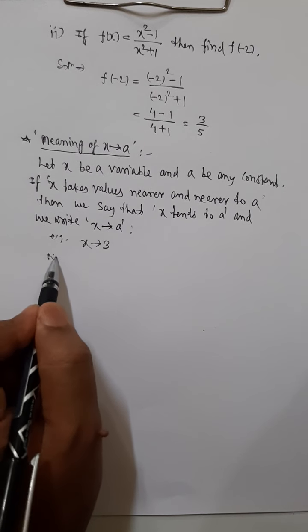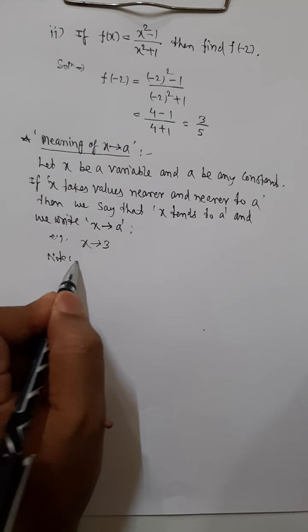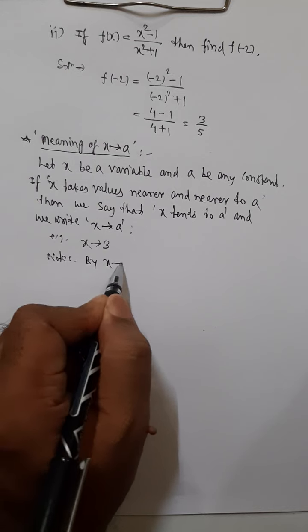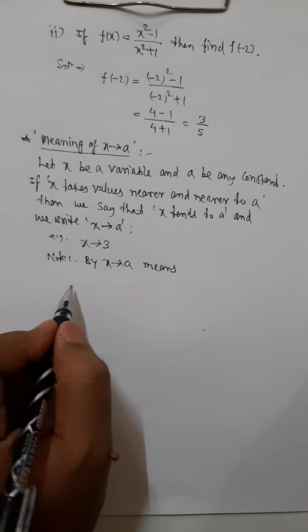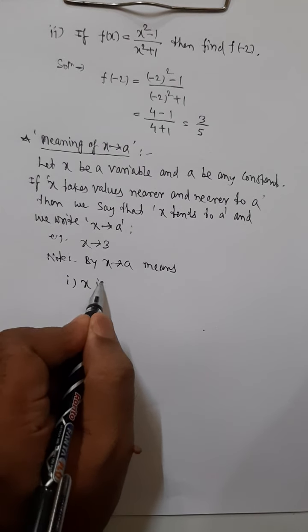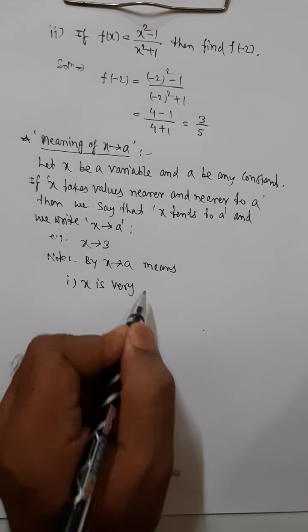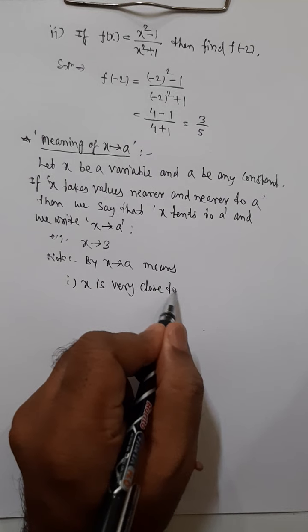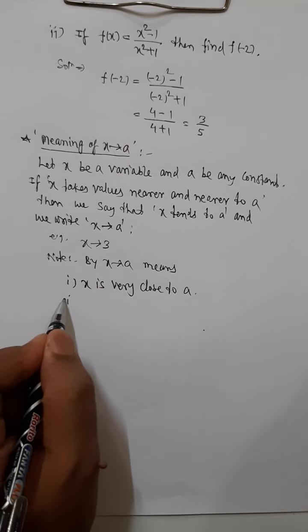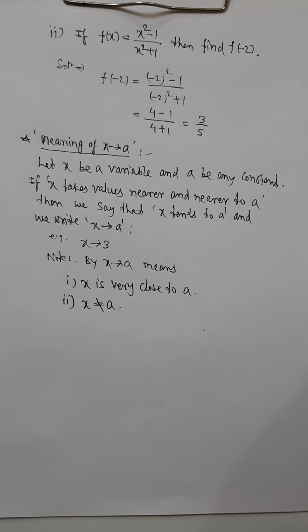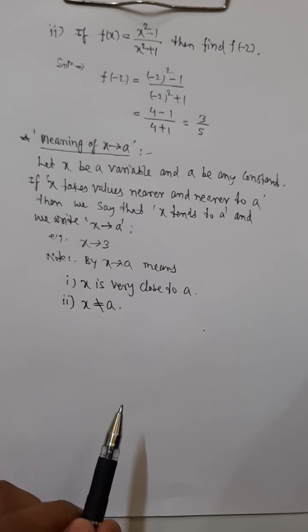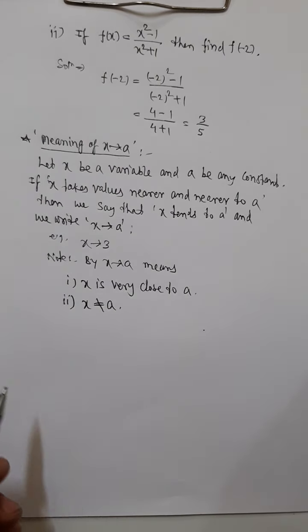So note that x tends to a means x is very close to a, and second, x is not equal to a. That is the meaning of x tends to a.